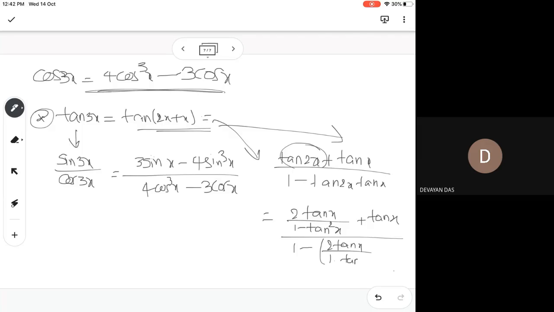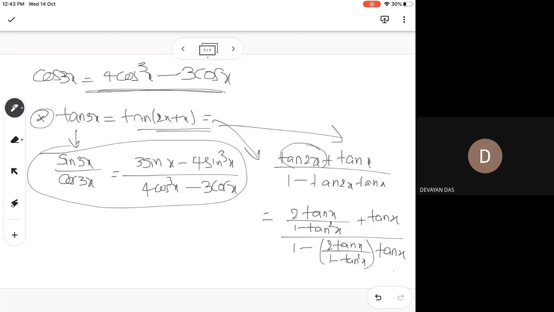So it is looking like you get the result here if you do like this, isn't it? But what about this one? Is it possible for us to get it like this? If you write tan 3x as sin 3x by cos 3x, and expand the sin 3x formula, 3 sin x minus 4 sin cube x by 4 cos cube x minus 3 cos x, is it possible for us to get the required result?